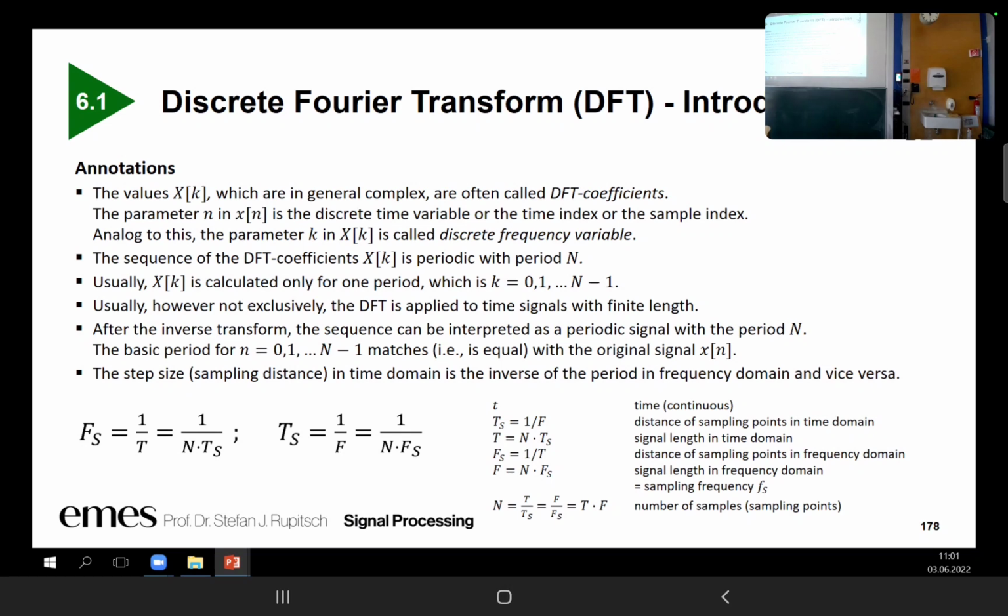The sequence of the DFT coefficients is periodic with the period N, and this is valid for the time domain and the frequency domain. Our signal is periodic in the time domain, and also the spectrum is repeated periodically. Periodic signal in the time domain, periodic signal in the frequency domain. Only in this way do we have sampled versions.